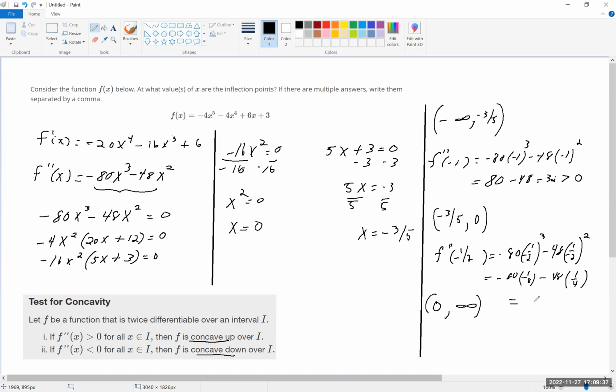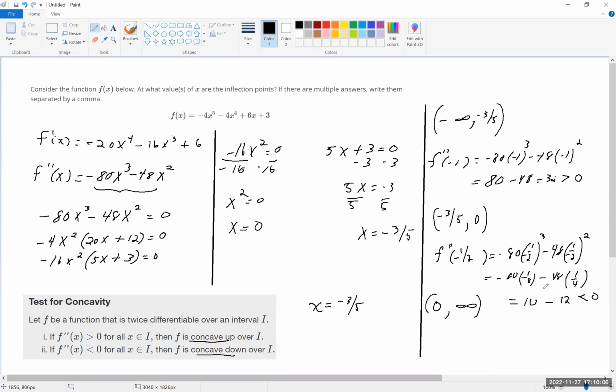So we get 10 minus 48 divided by 4, which is 12. So that's less than 0. So there is an inflection point at -3/5.